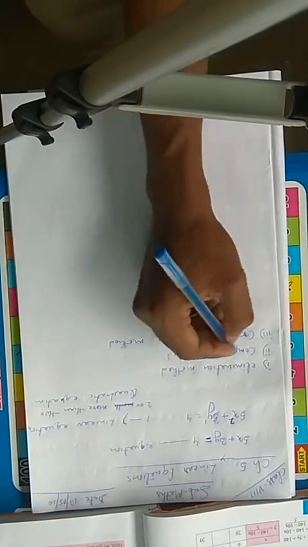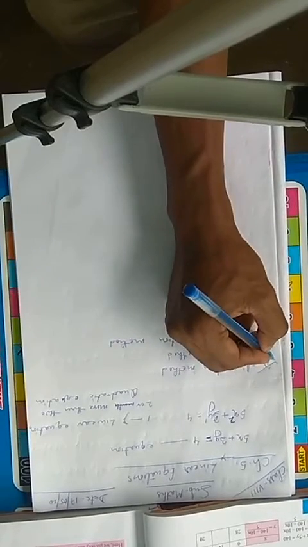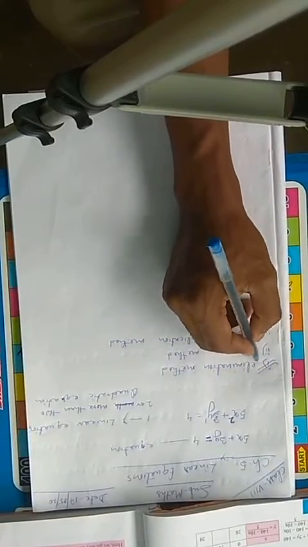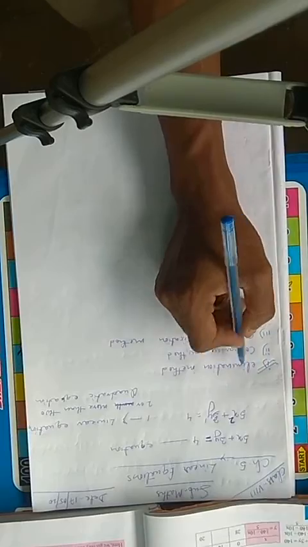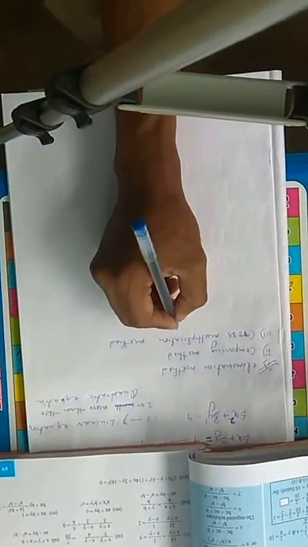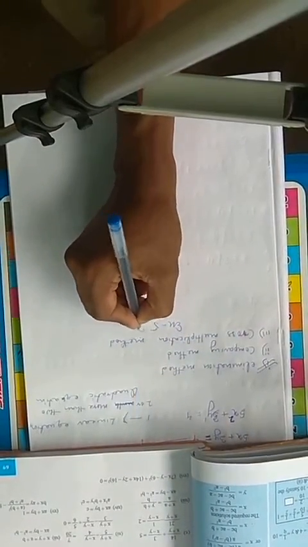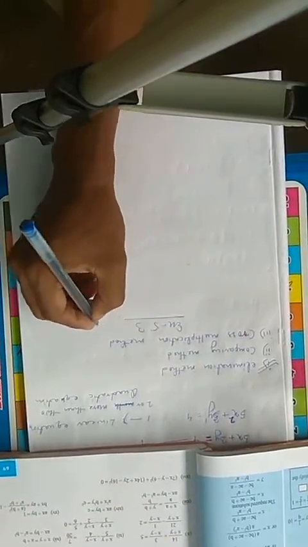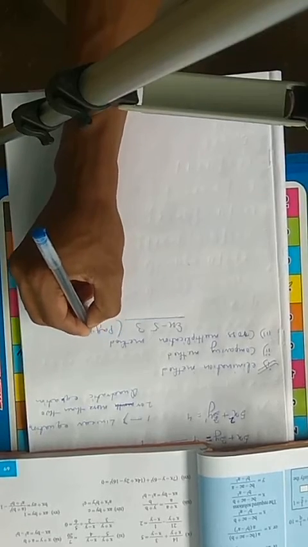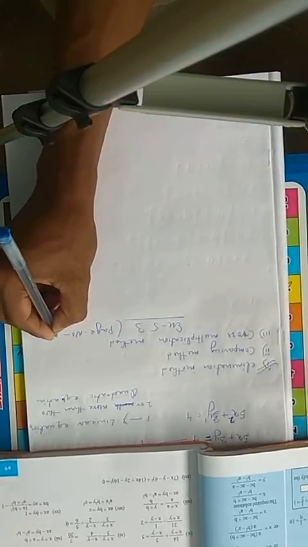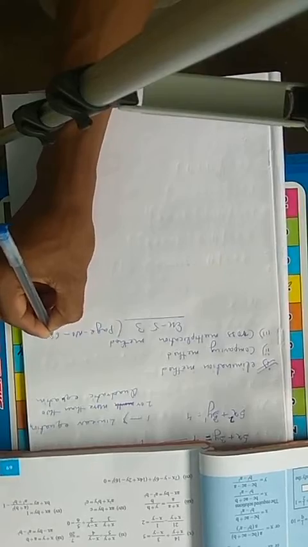Okay, first in exercise 5.3, we will solve the equation by the method of elimination. So exercise 5.3 now, page number 69.